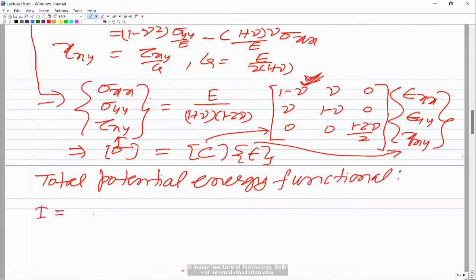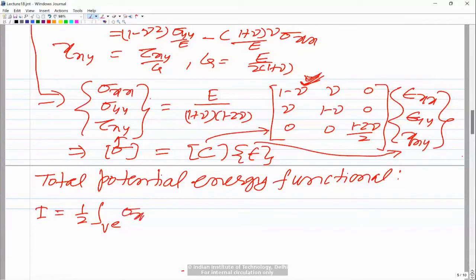As you know, it will have a strain energy part, so integration over volume. Let me write it for one particular element, not for the structure as a whole. The strain energy is integration over volume of half into sigma xx into epsilon xx. But here we have two more pairs of stresses and strains, so we put all of them together.